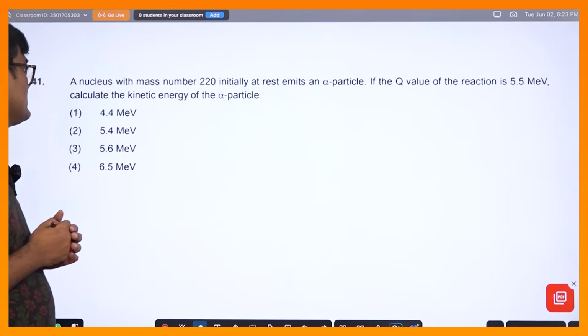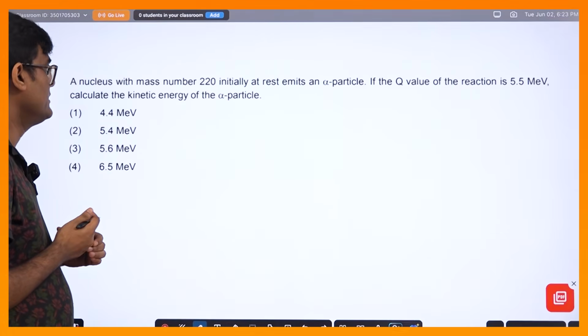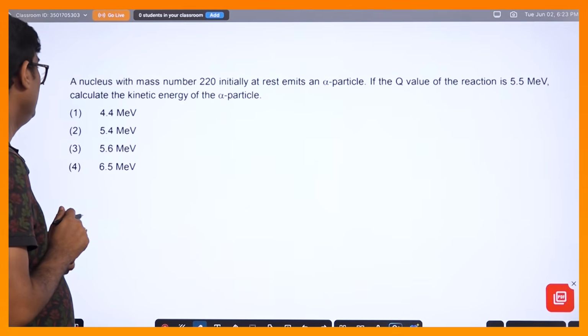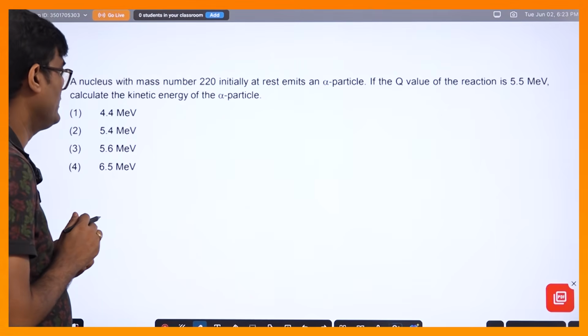A nucleus of mass number 220 initially at rest emits an alpha particle. Q value of the reaction is given. Calculate the kinetic energy of the alpha particle.